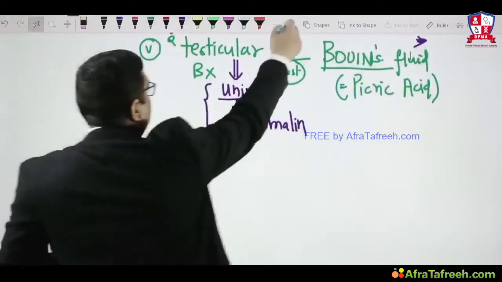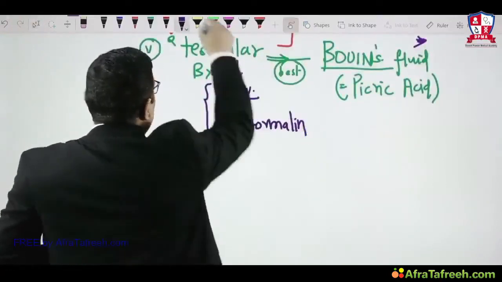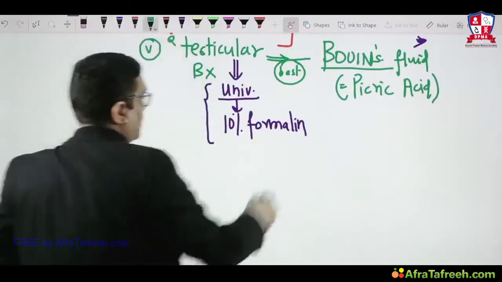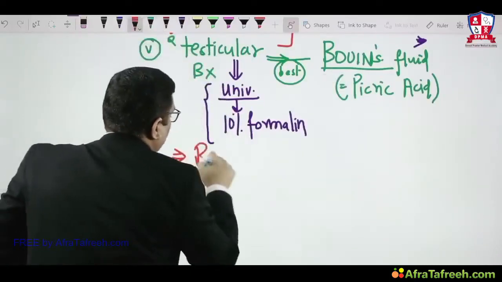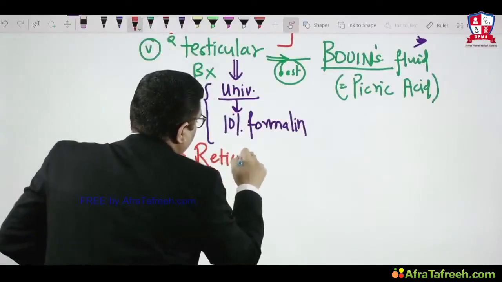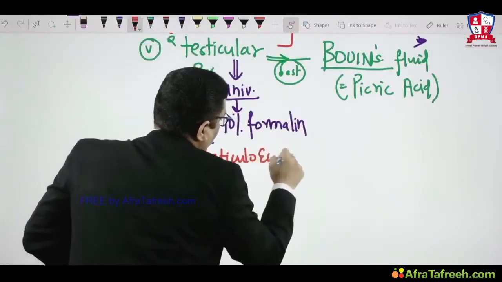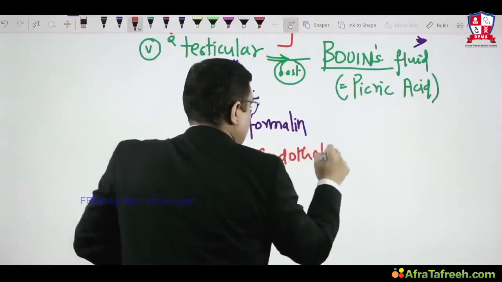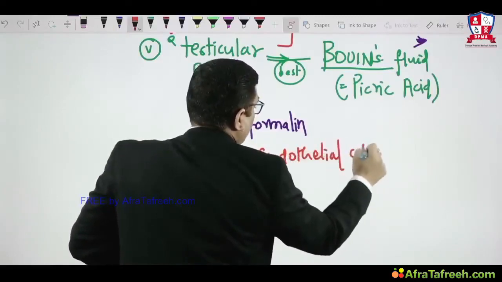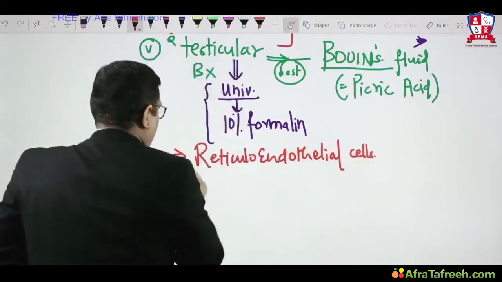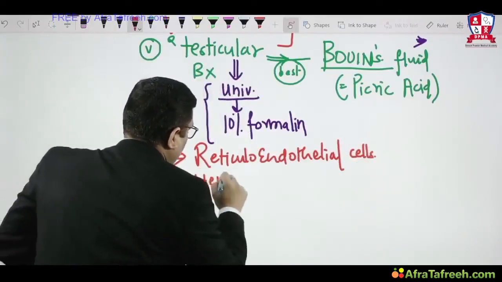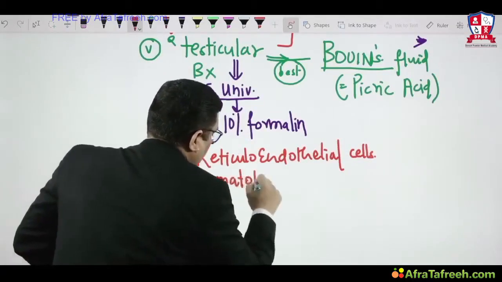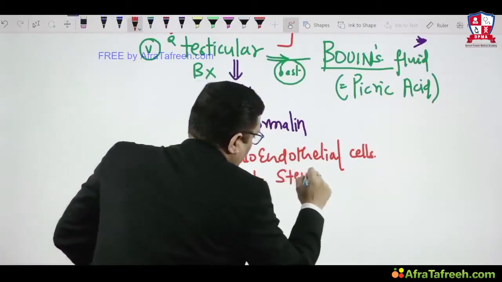Now Bouin's fluid is also used for reticuloendothelial cells, and it is also useful for hematopoietic stem cells.